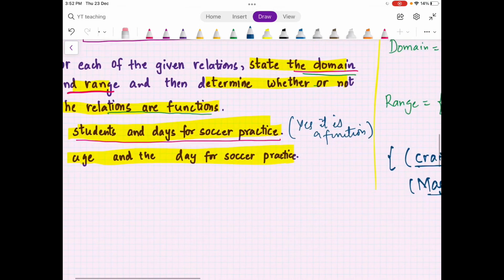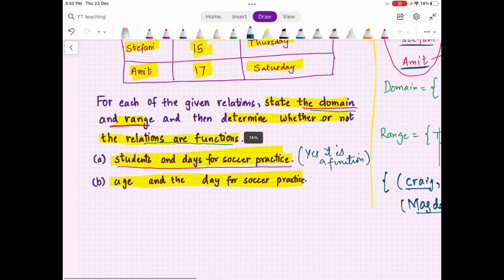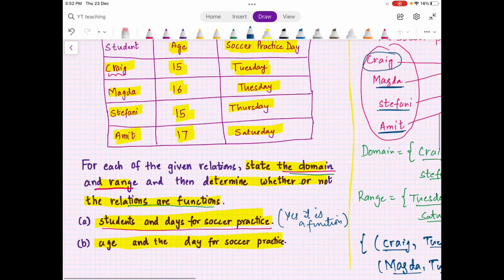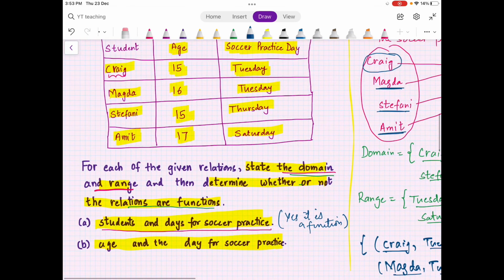Okay. Now look at the second one. The second one is age and the day of the soccer practice. So age here is 15, 16, 15, 17. So you have age and the day for the soccer practice. Can you take a minute and think about whether it is a function or not? First of all, we will see how it looks.